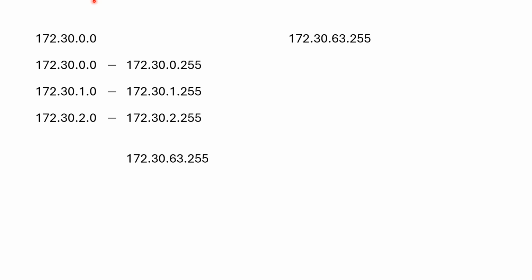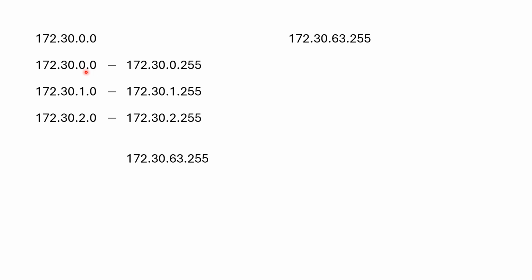Remember that 255 is the last number in a byte. Let us check manually how many IP addresses these are in total. We started with 172.30.0.0 as the first IP address and ended with 172.30.63.255. This makes it 64 groups, and each group has 256 addresses ranging from 0 up to 255.